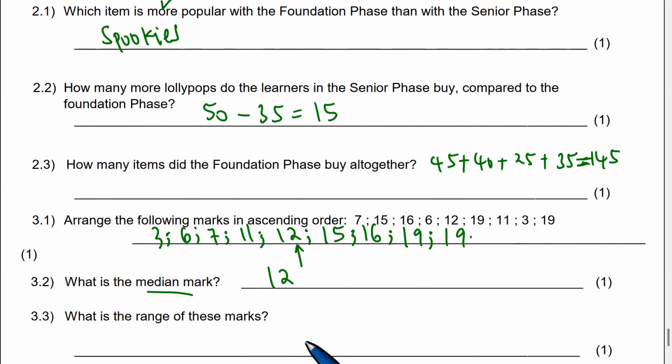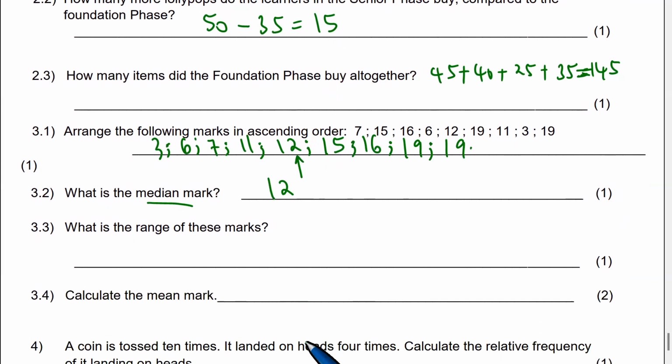What is the range, Lindsay? What is the range? It's like 16. How did you get it?